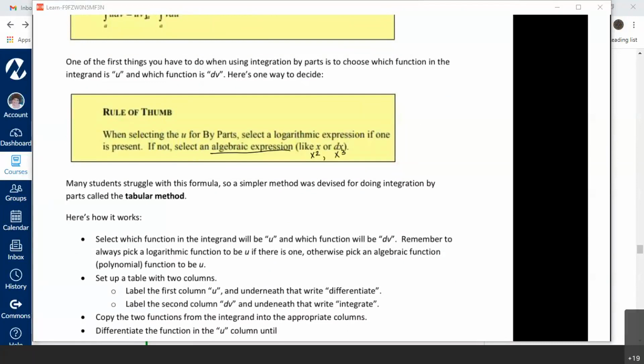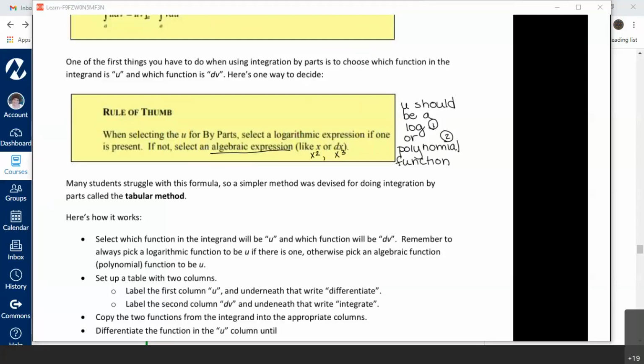So u should be a log or a polynomial function. And again, this is in order. Log first. If you don't have a log, then polynomial. There's actually a more complicated rule than this, but I'm not going to share it because why complicate things?